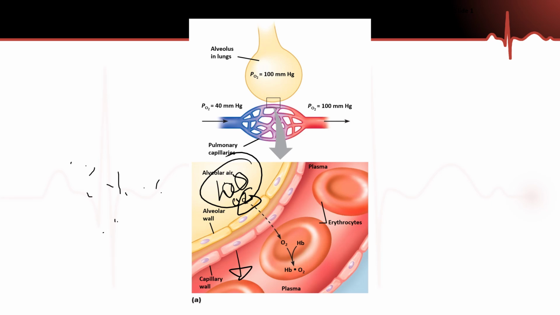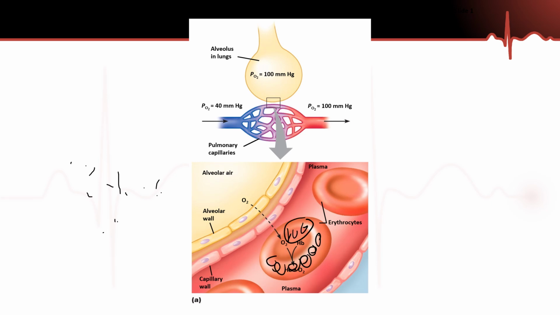Because, yet again, if the partial pressure of oxygen within the intracellular fluid of the red blood cell is 100, we know that causes a conformational shift of the hemoglobin molecules within this red blood cell, and then they're going to start binding more oxygen.